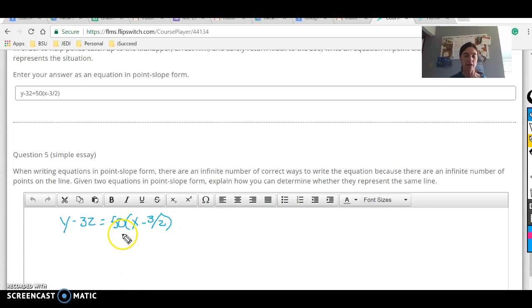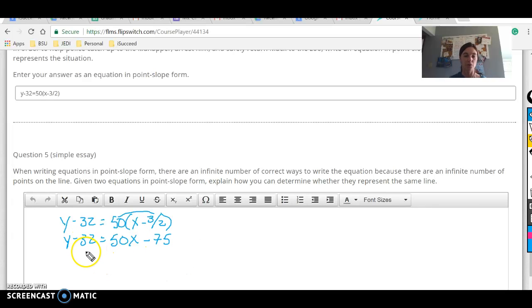So I would have to multiply through, and I would say y minus 32 equals 50x minus 150 over 2, because I'm multiplying 50 by 3 and dividing by 2, which is 75.